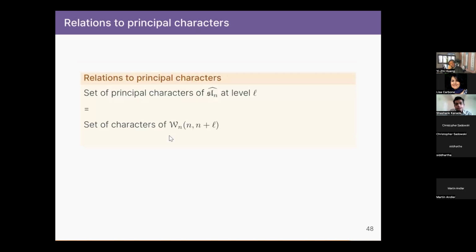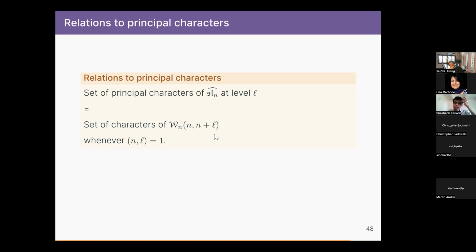The fact is that the set of principal characters of SL_N hat at level L is related to the set of characters of this W algebra at these parameters. At the moment, it's not going to matter what these parameters are. But the condition you have to put is that N and L have to be coprime. Otherwise, something goes wrong in the definition of these W algebras.